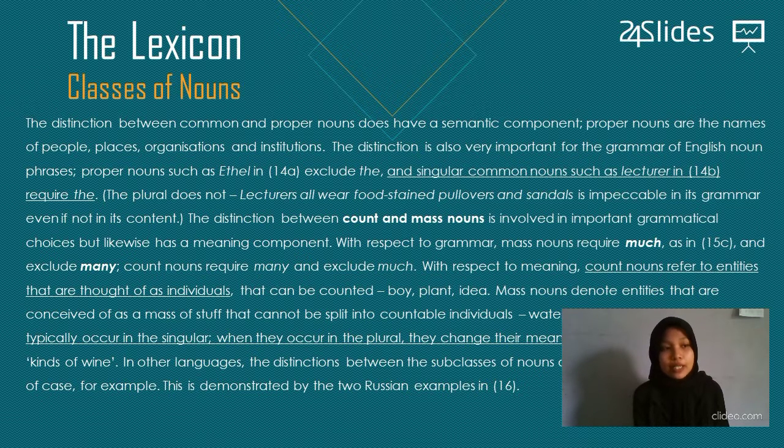Jadi biasanya mass noun ini ke singular atau yang bisa dihitung gitu ya, atau satu tunggal. Nah, when they occur in plural, apabila si mass noun ini terjadi pada plural sentence, they change their meaning, dapat mengubah arti dari si mass noun ini. Seperti contohnya wine. Wine itu kind of liquid yang tidak dapat dihitung.